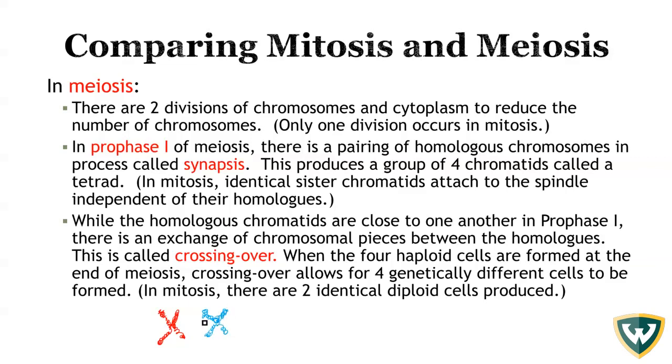And what's going to happen is that the genetic material is going to mix a little bit in prophase 1 to give you something that might look a little bit like this. This is a loose representation, but it kind of gets the point across. And it could also look a little bit like this.